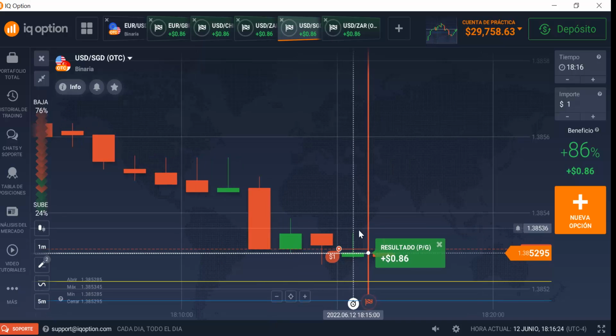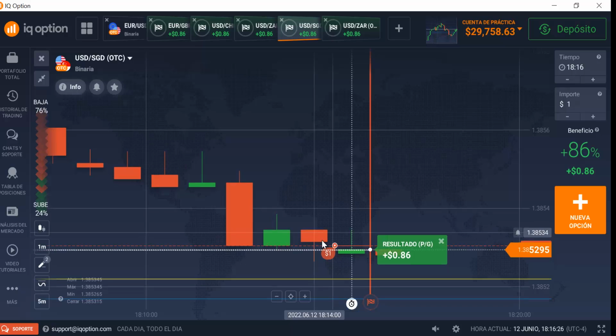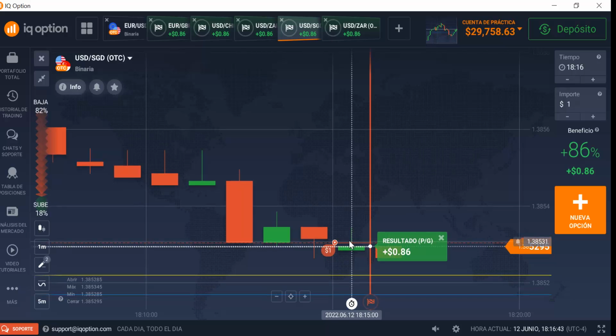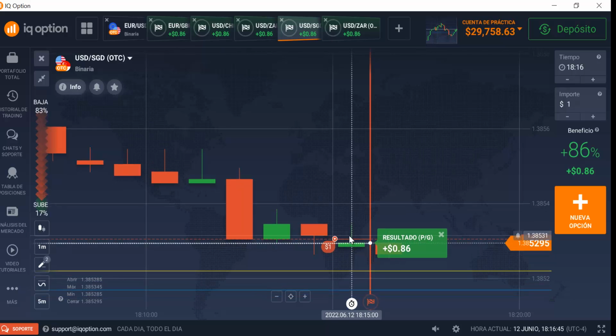After that one, I can see a type of hammer, and that hammer created a new low. The next candle opens with a gap. So as it opens with a gap, I understand that sellers are interested to continue. But what I do is I wait for the market to give me a good entry point, at least to the closure of this candle, so I can take a lower option.